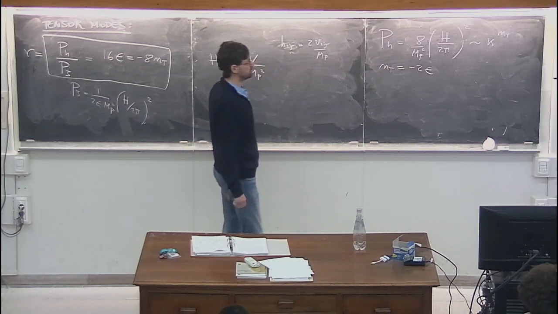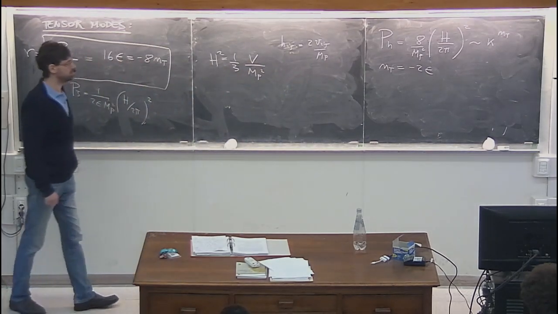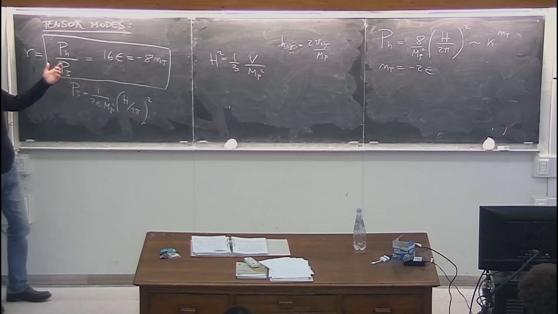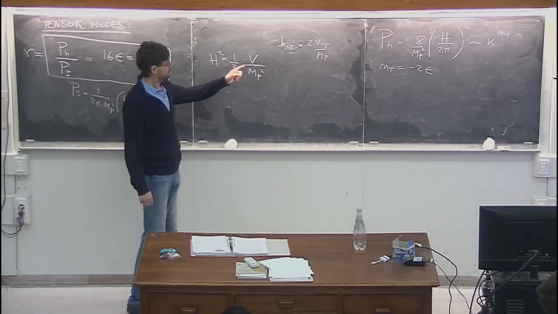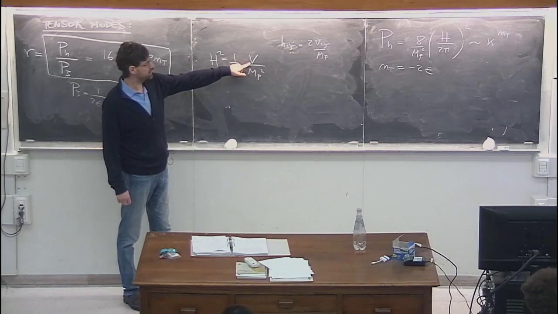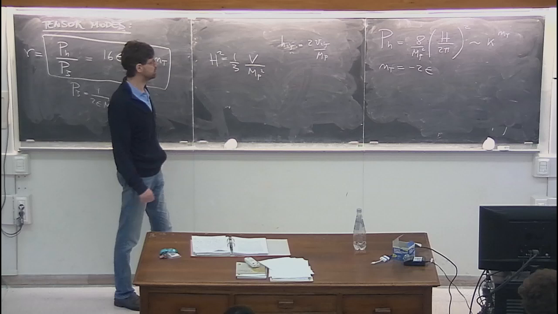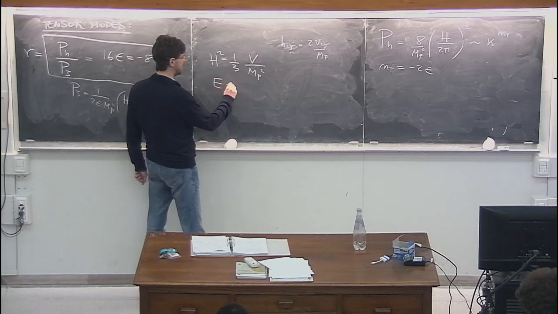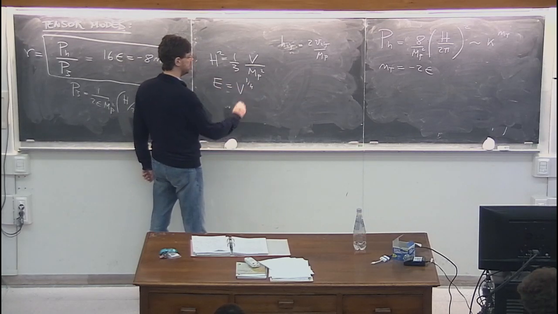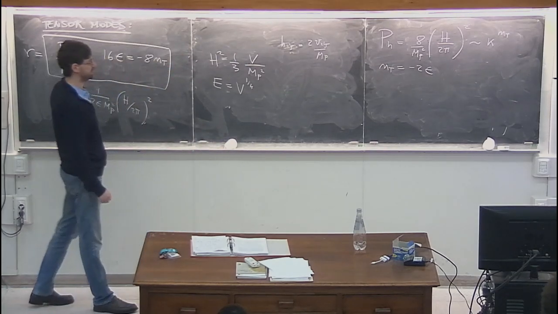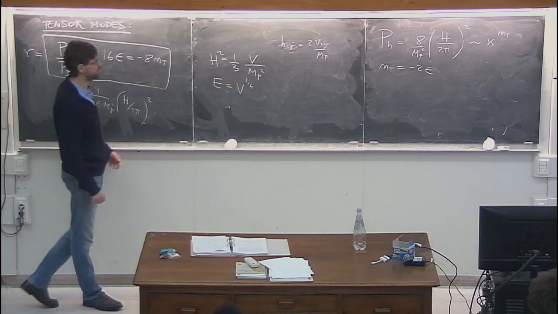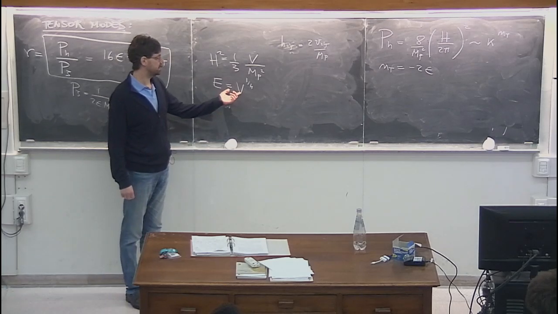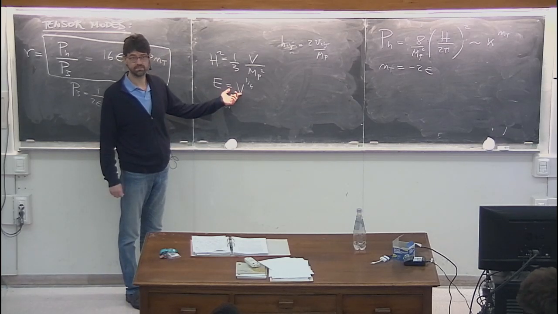So the reason why the tensor modes are so important is because a measurement of their power spectrum will tell you directly the value of H, and therefore directly the value of the potential, or better to say, you can identify the energy, the 1/4 power of the potential, and we will have a direct measurement of the typical energy during inflation.